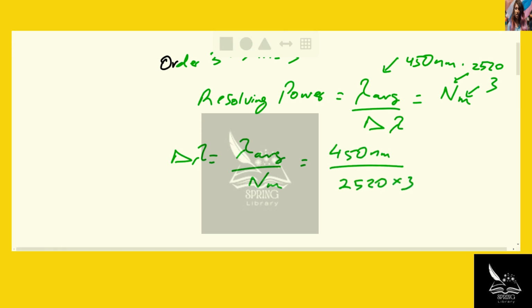And so delta lambda is going to be equivalent to 0.0595 nanometers. That's what our delta lambda is going to be in this particular problem. Of course, you can change that to 5.95 times 10 to the negative 11 meters.